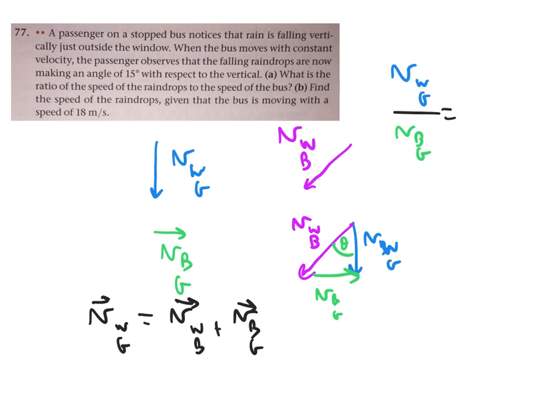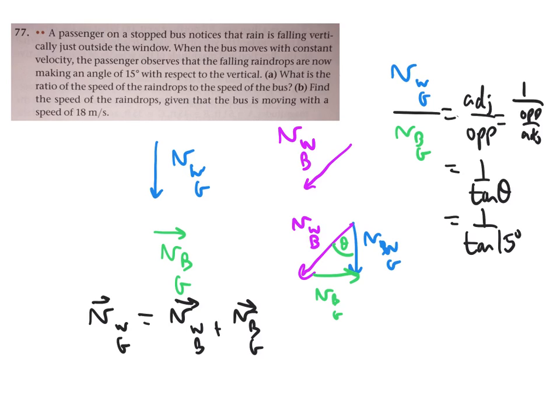And we can see from our triangle that VBG is the opposite side, and VWG is the adjacent side to the angle they gave us. So the ratio VWG over VBG is adjacent over opposite, or 1 over the tangent. So what we want is 1 over tangent of 15.